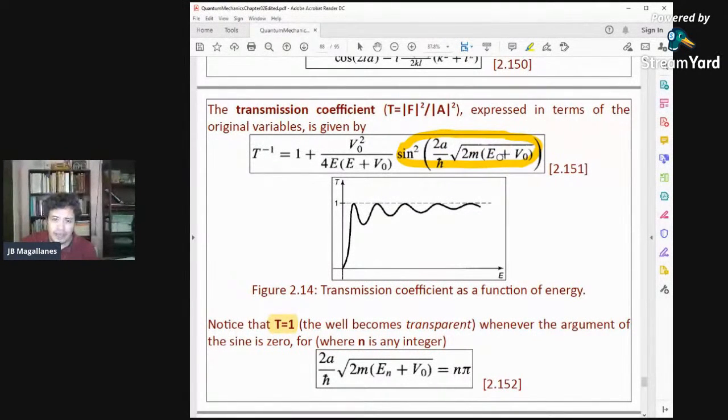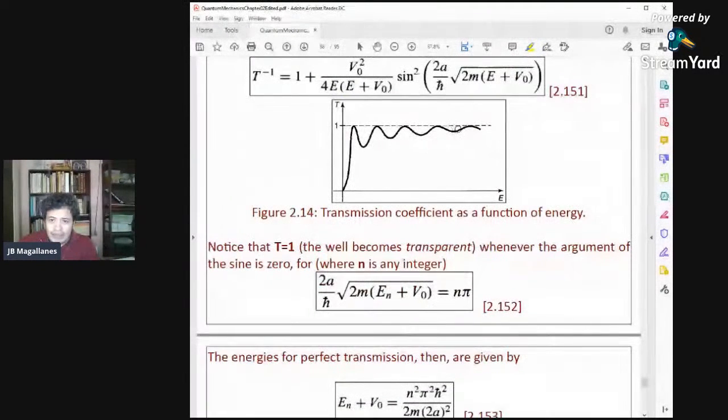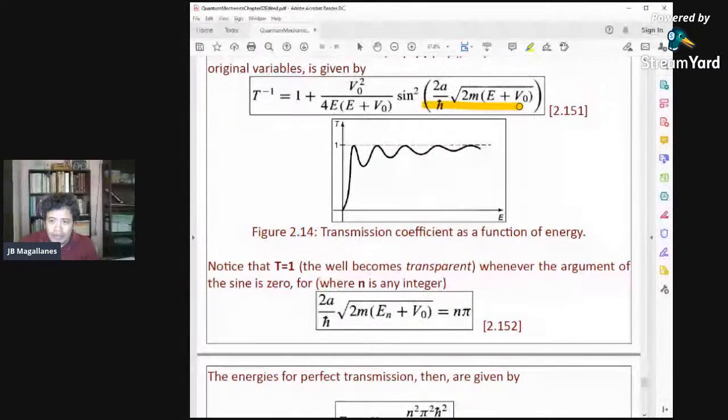If this is 0, everything here will be 0, and your T is equal to 1. That means all the wave passed through. If that is 0, then this must be a multiple of n pi.